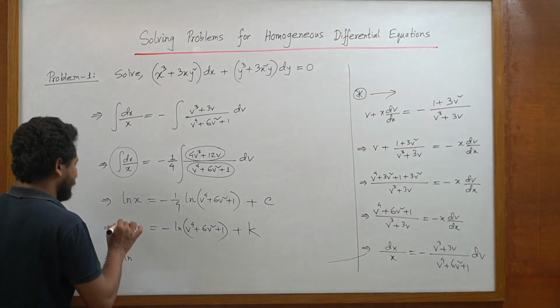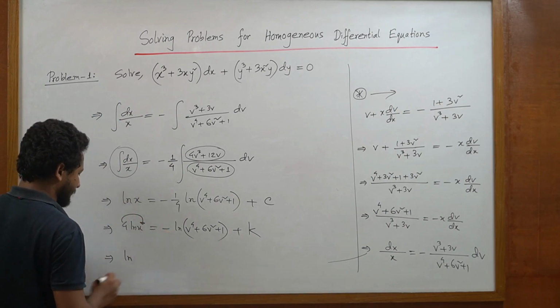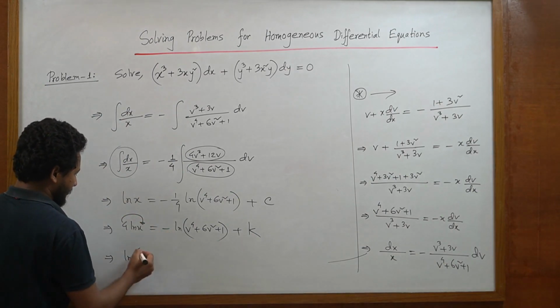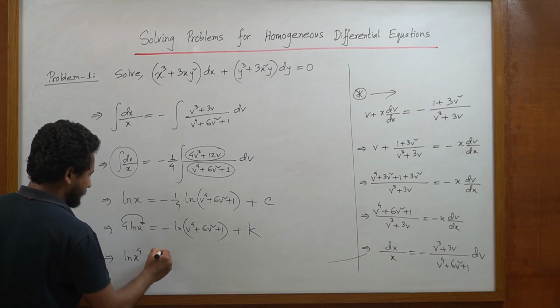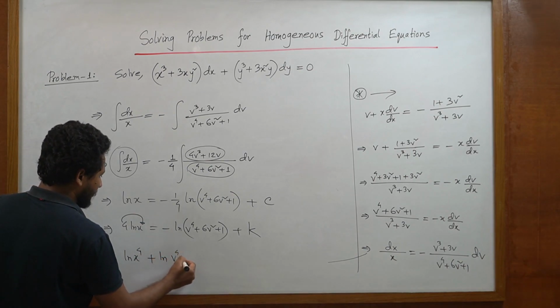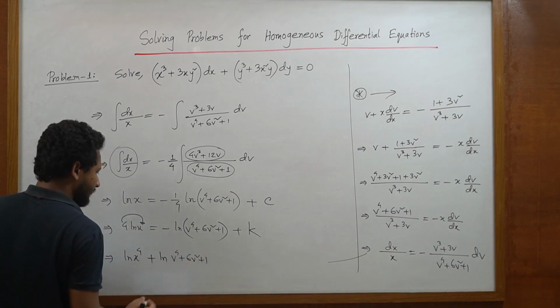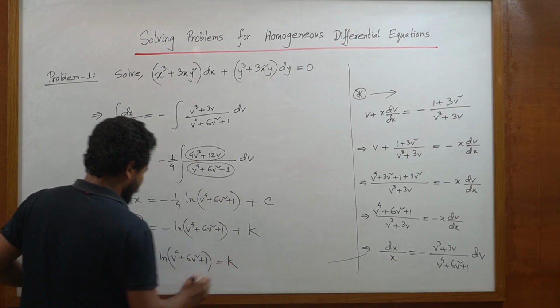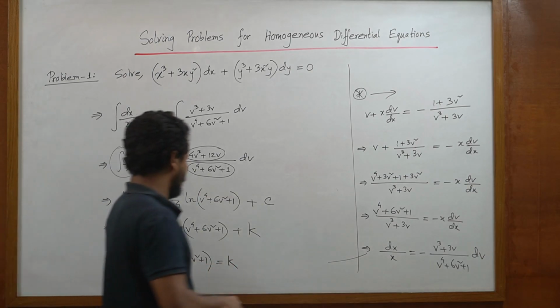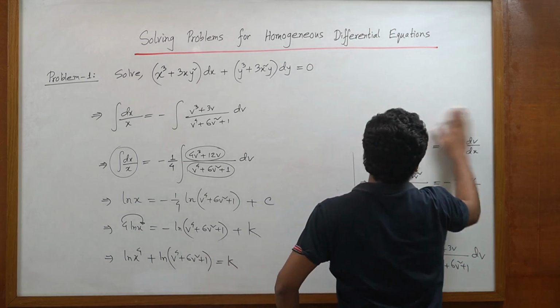Now the 4 will be the exponent of x: ln x⁴ + ln(v⁴ + 6v² + 1) = k.